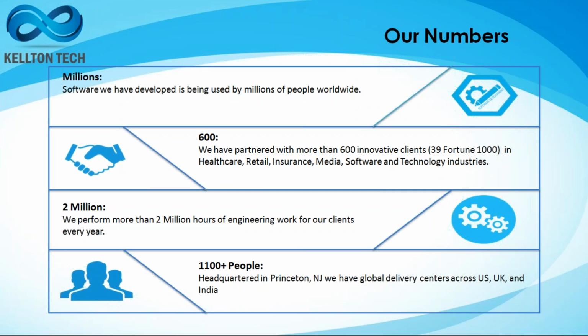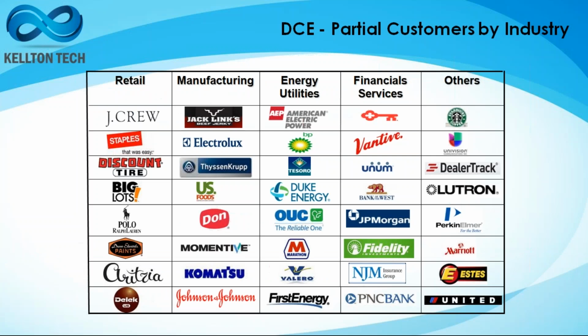In India, we have somewhere around 400 to 500 people working in the US time zone. This is a partial list of the customers we have within Digital Connected Enterprise, more on the integration side, right from retail to manufacturing to financial services. These are a few logos we have added.